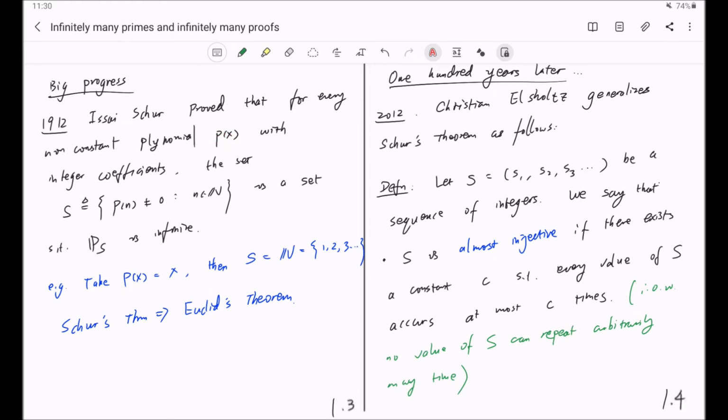That is because, by the fundamental theorem of algebra, any polynomial of degree d has at most d many solutions. So every value of this polynomial can only occur at most d times, given the fixed polynomial of degree d. So this set will be almost injective.